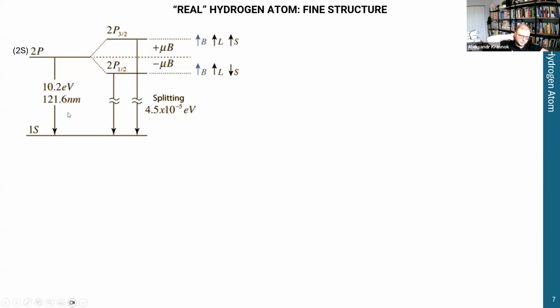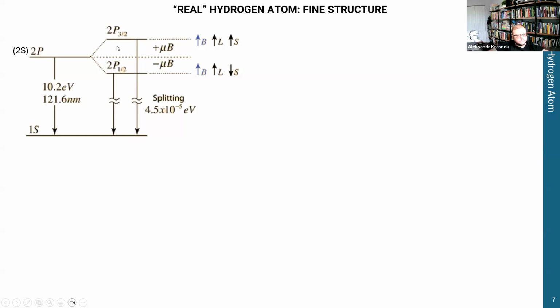And the first effect to acknowledge is the so-called fine structure, or fine splitting. So what is fine splitting?